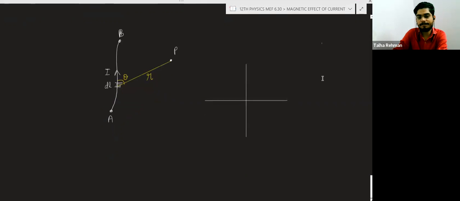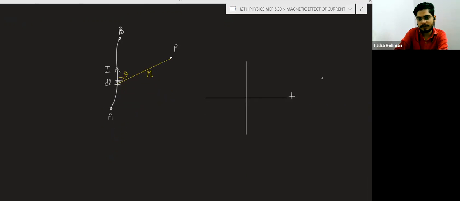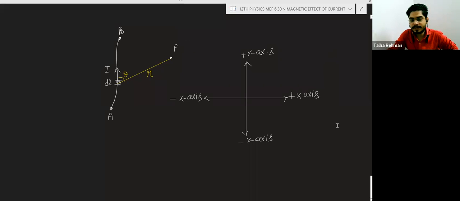considering the plane of your screen. This diagram I have made on the screen means you will always remember your screen contains the x-axis and y-axis.